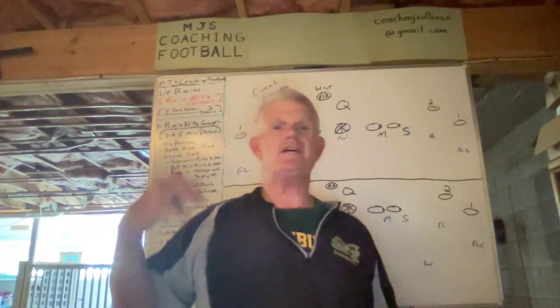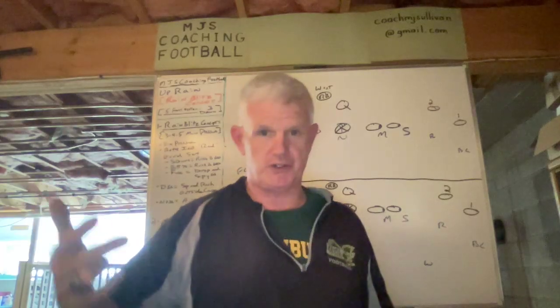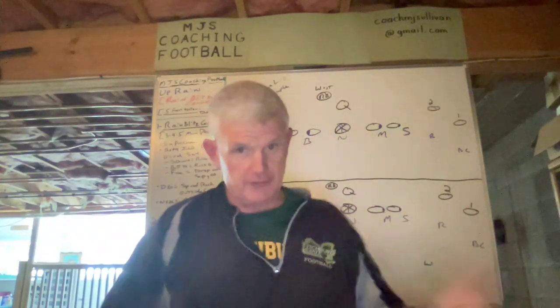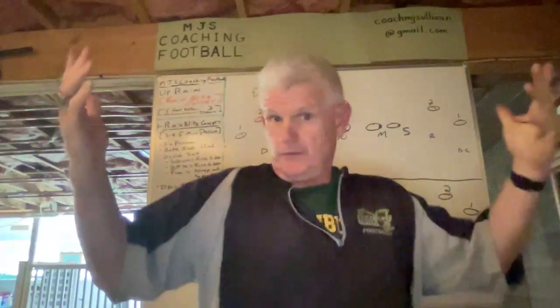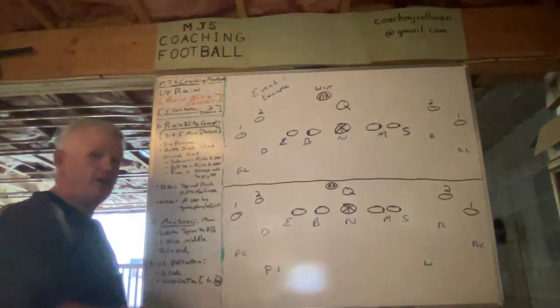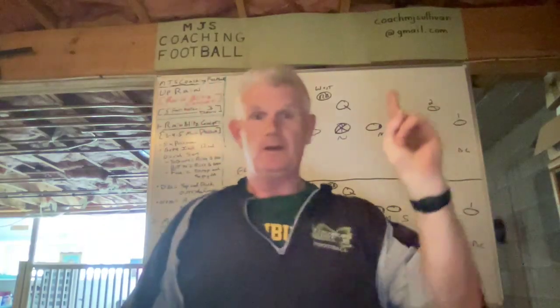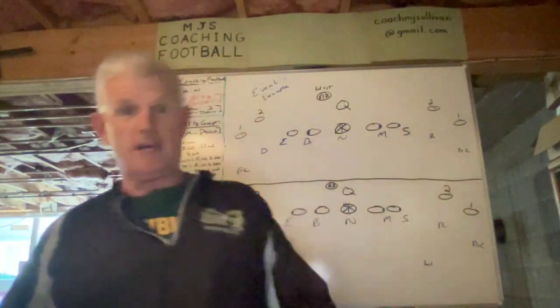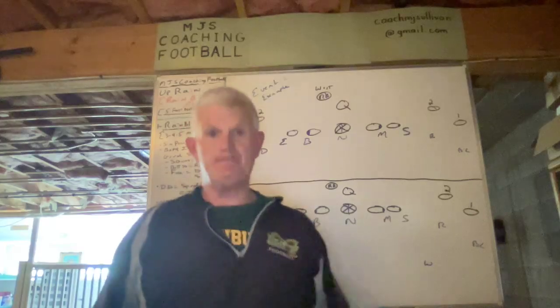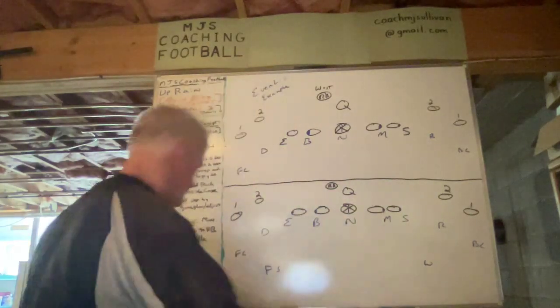So it's what we like to refer to as the unless theory. You're going to rush B gap unless the guard's trying to block you. Boom, done. Two of the 3 scenarios, you rush the B gap. One scenario, he's trying to block you, you drop and spy the Q. The unless theory.